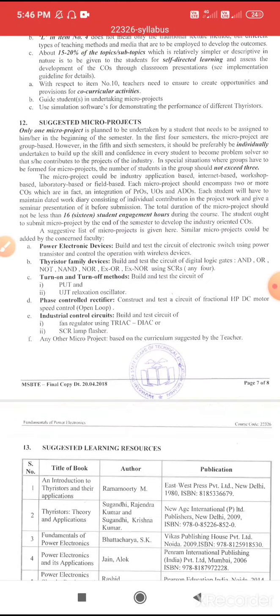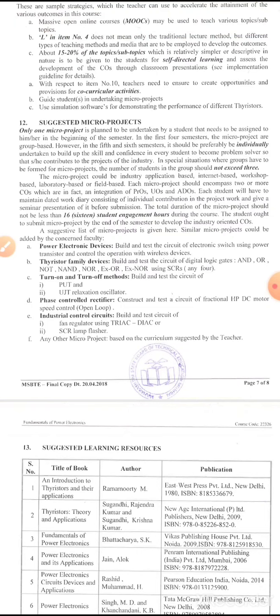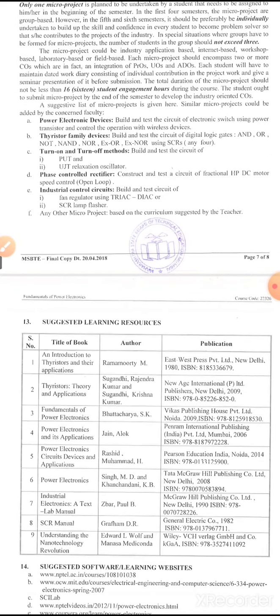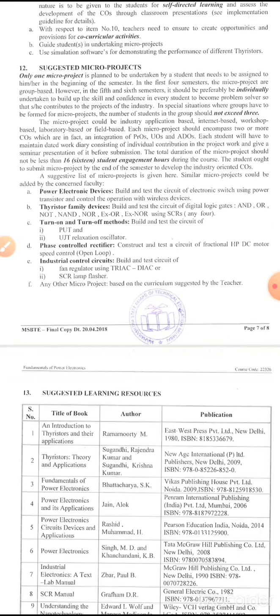Then next is phase control rectifier. Next is industrial control circuit. If you are sincerely appearing for the practicals, then these micro projects are very easy, so don't take tension. You have to be able to build the circuit within the given stipulated period.